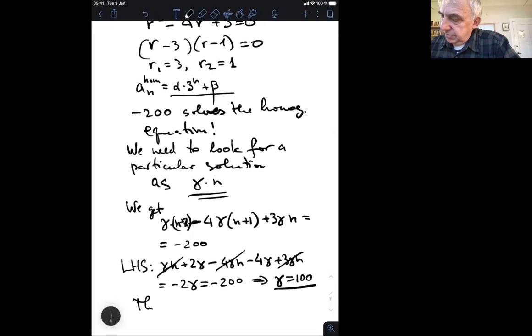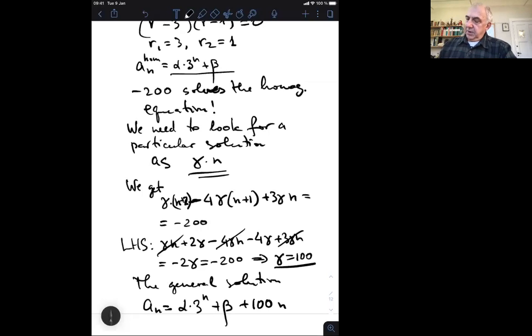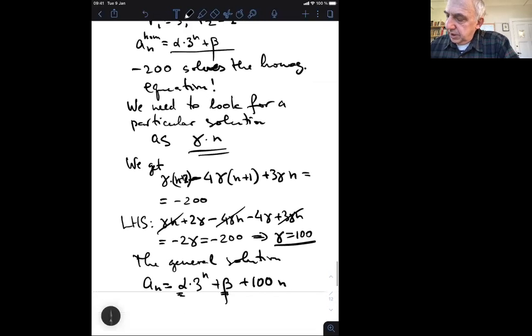So the general solution now is a_n equals alpha times 3 to the power n plus beta, which is the general solution of the homogeneous equation, plus 100n. Now we need to use our boundary conditions to define our constants alpha and beta.